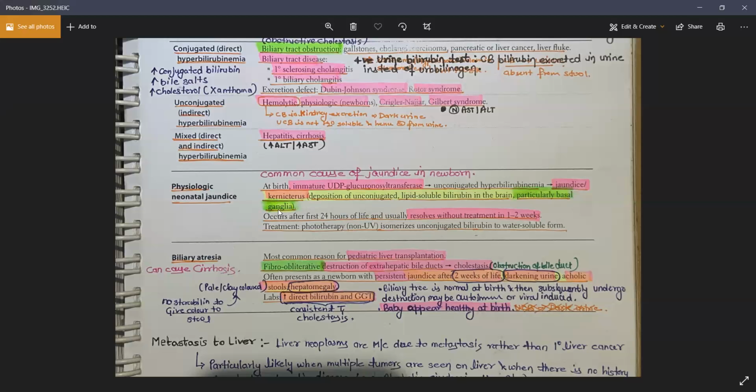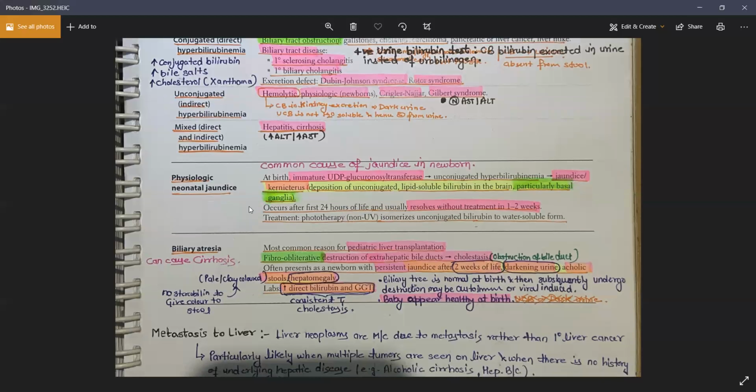Okay, very important. It generally starts within the 24 hours of life and resolves without treatment within 1 to 2 weeks. Okay, but the intervention must begin because the high level of this unconjugated bilirubin can damage the brain also. And the treatment includes phototherapy. You need to prevent the kernicterus from happening.